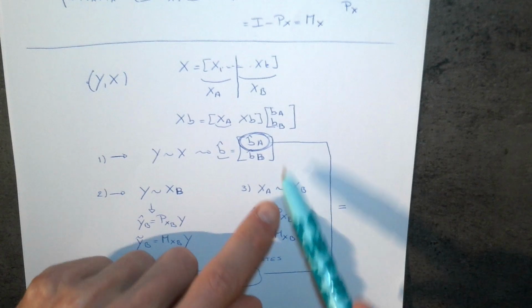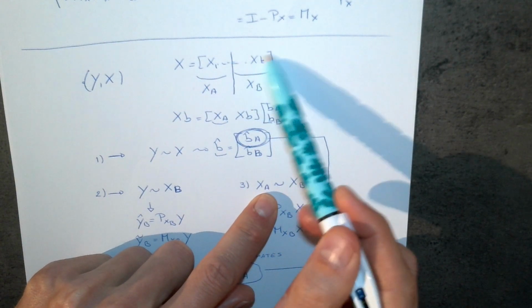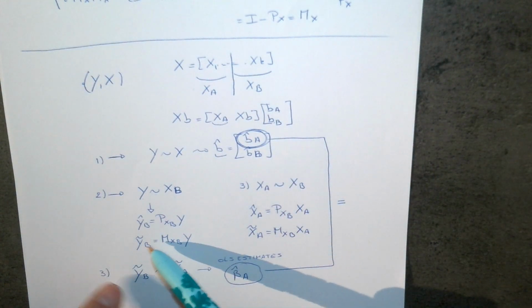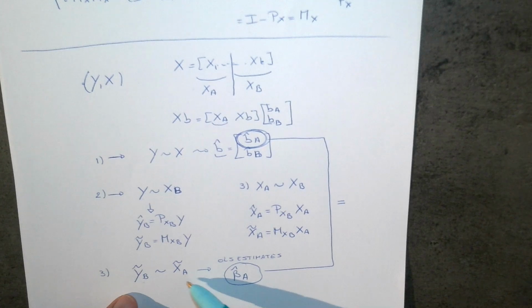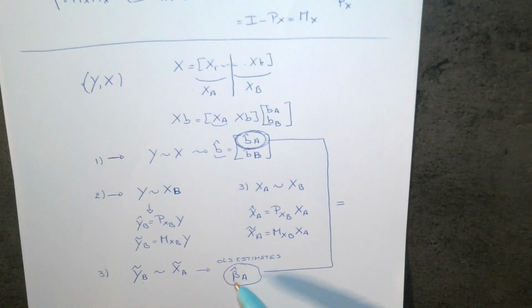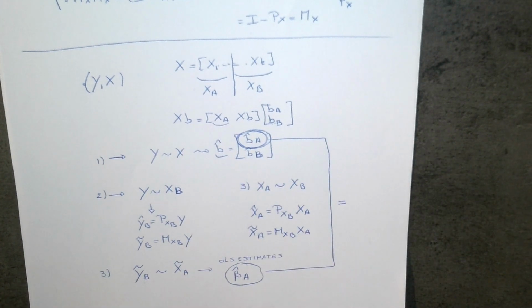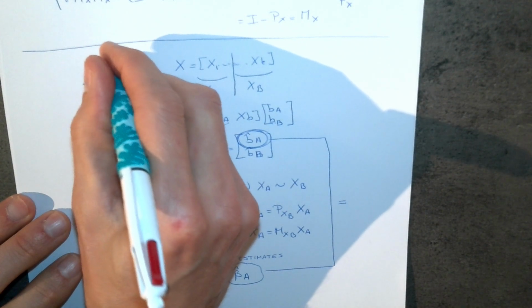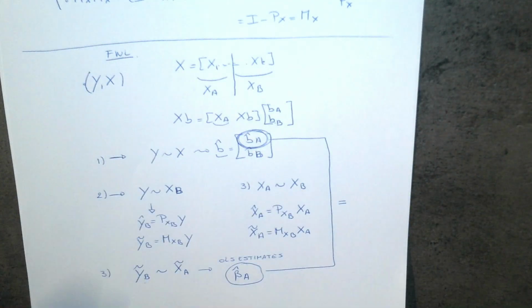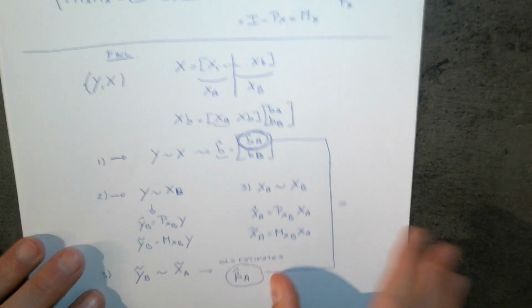You can regress the first part of the covariates on the second part of the covariates. Take the residuals from both regressions and regress one on the other one. The coefficient that you will get will be the same as the coefficient of the original regression. So this is the Frisch-Waugh-Lovell theorem. The goal, of course, is now to prove it.